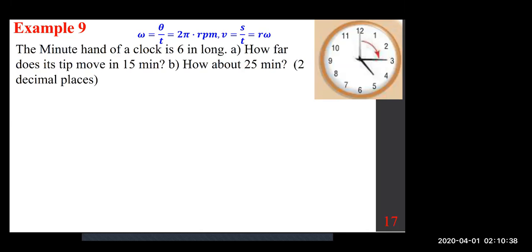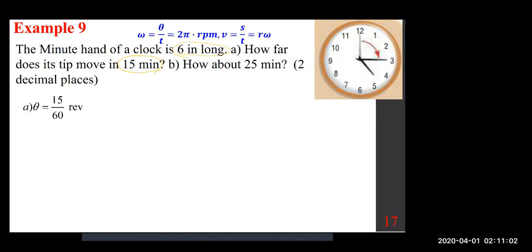We are interested in finding how much it moves over the course of 15 minutes. This will refer to the angle that we need, and this is the radius.